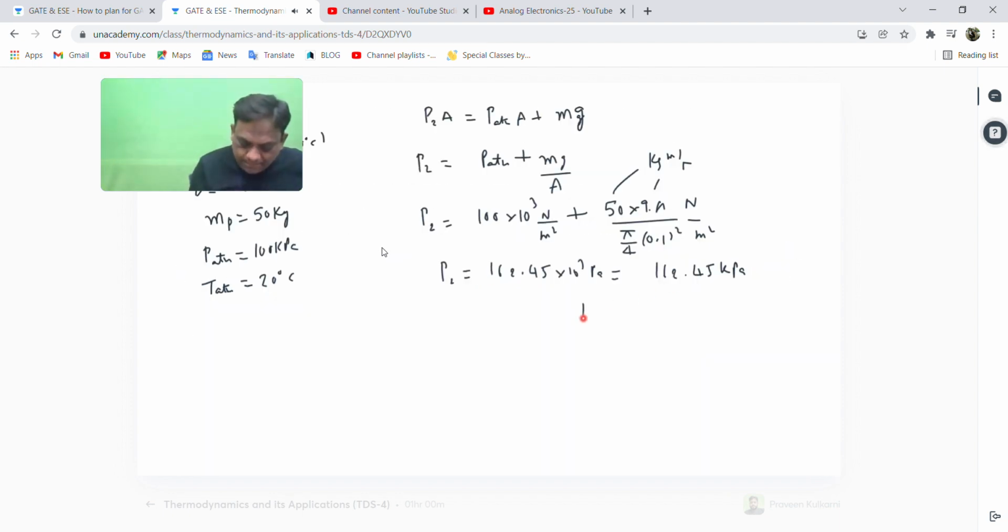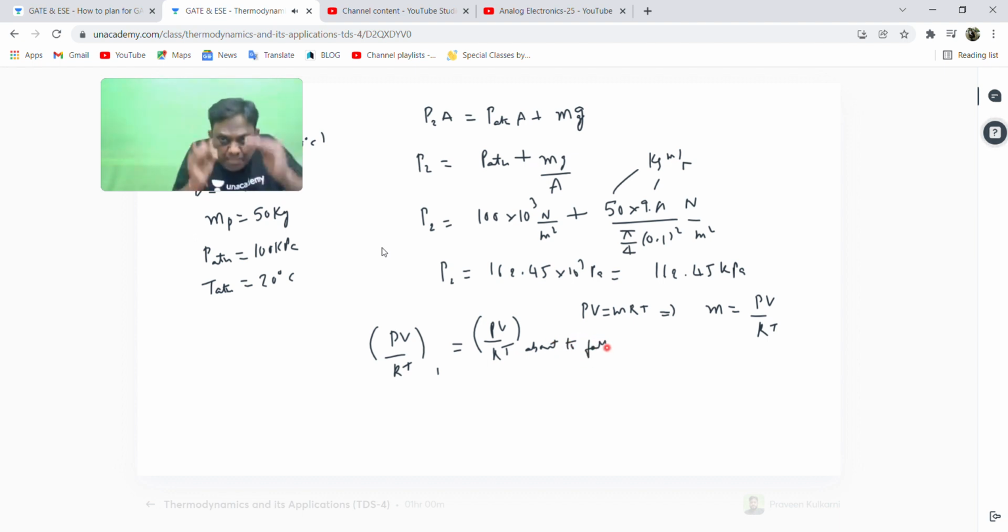Now look, what am I going to do? Whatever the mass is, PV is equal to mRT. It is a closed system, so therefore mass is equal to PV by RT. I will write PV by RT under the initial condition is equal to PV by RT when it is about to fall. When it is just about to fall, what is the volume?